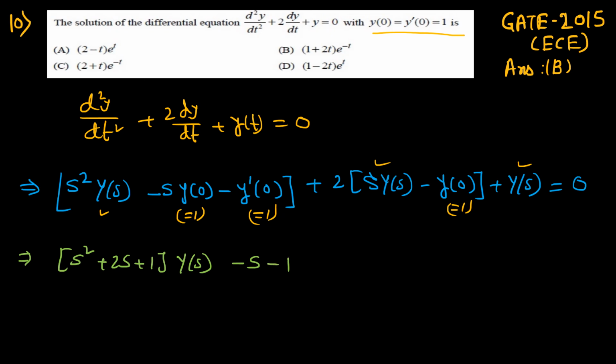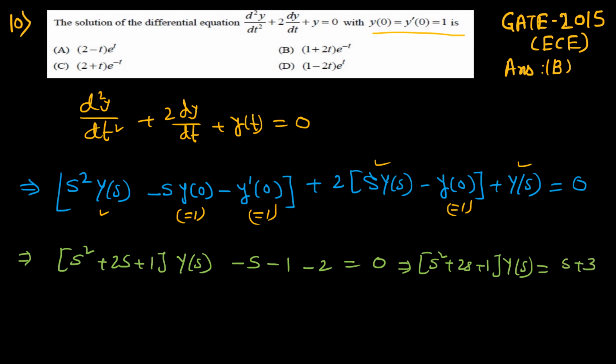This is minus 1. So this is your minus s, this is your minus 1, and this is your minus 2. That is equal to 0.